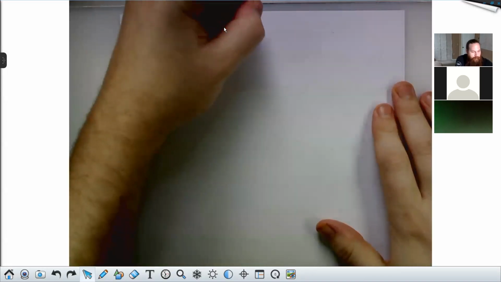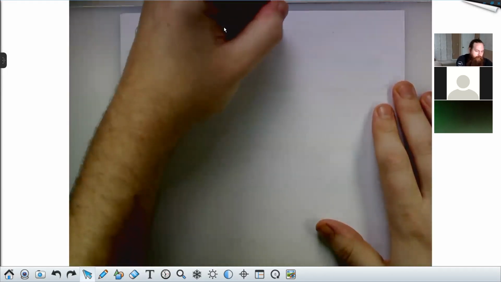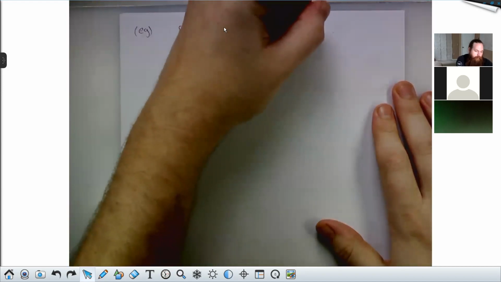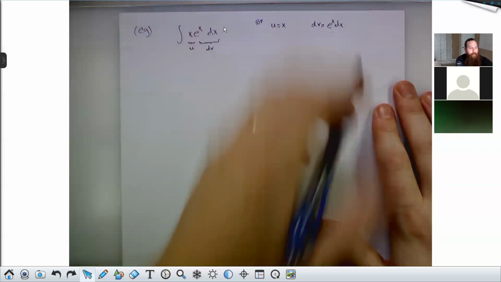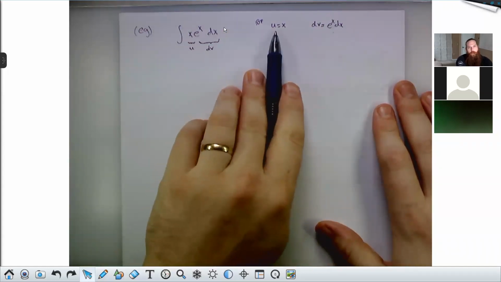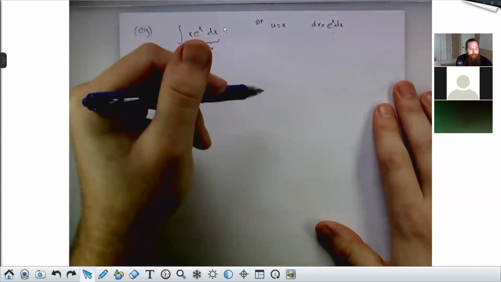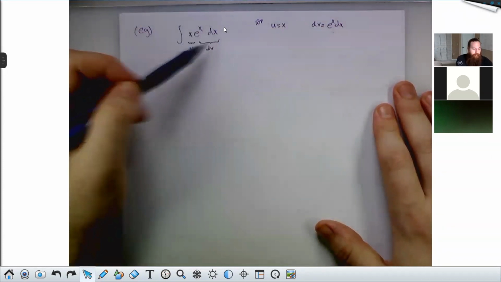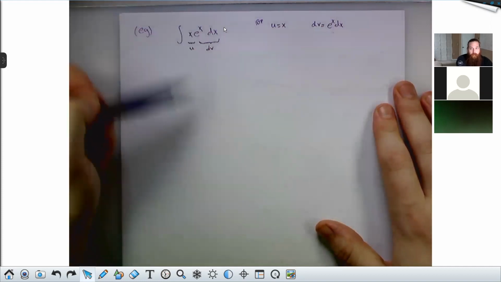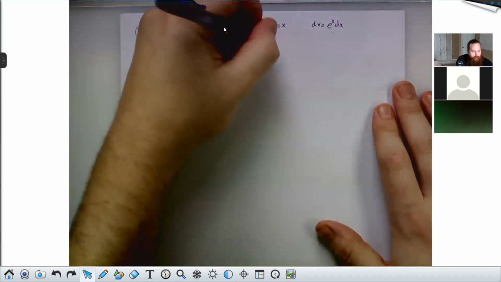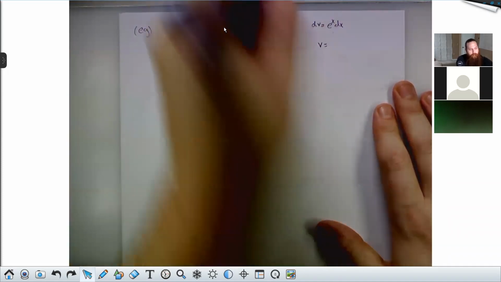Usually the way we do this, we come off to the side and we build a little table. So u here is x, and dv here is going to be e to the x dx. In practice, I'll give you a rule for picking u, and then dv will be whatever's left over. Our formula involves u, dv, and also du and v. So I need to calculate du from u and v from dv.